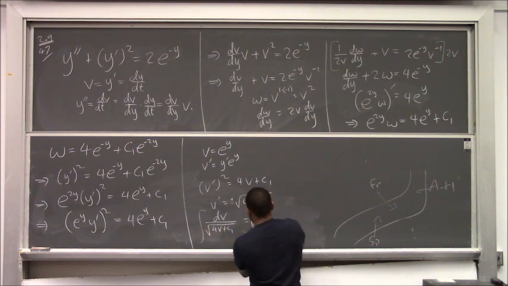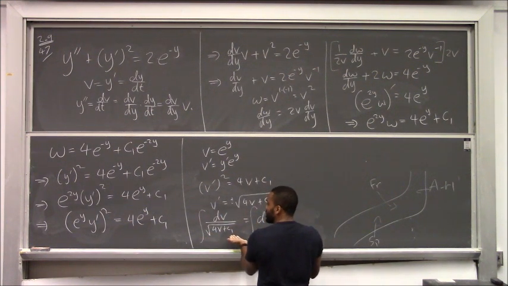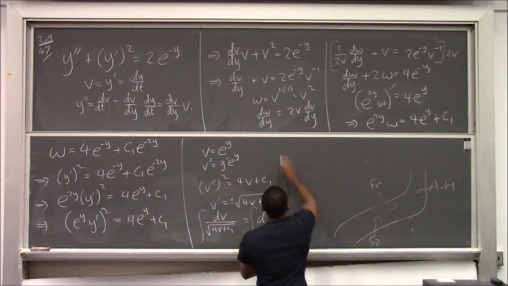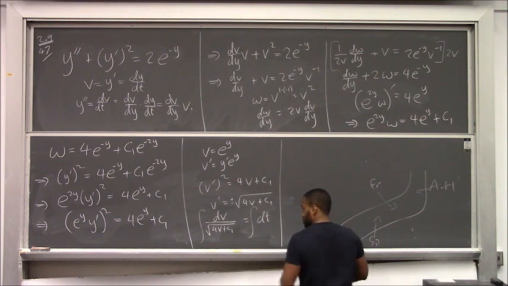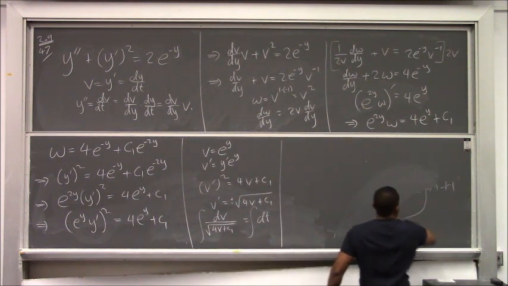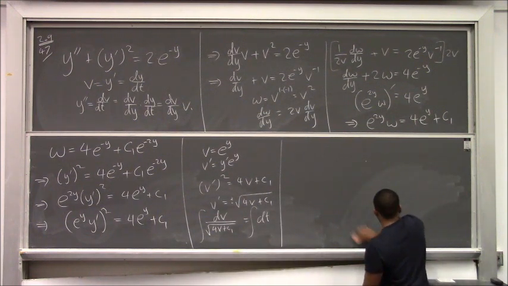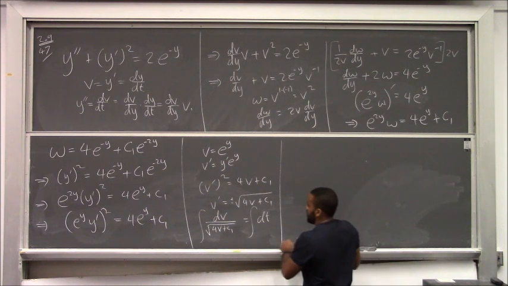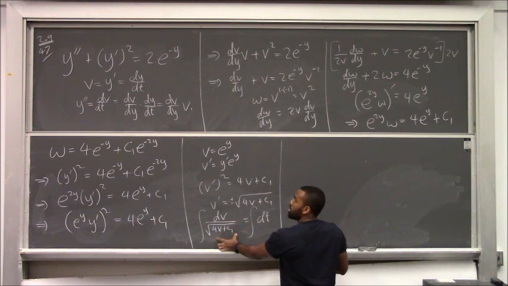Integrate both sides. Now, the integral doesn't look very scary in this form because it's just a u substitution, and your du is going to be a constant, right? So that's going to become what? One quarter times u, and this is the guy to the negative a half.